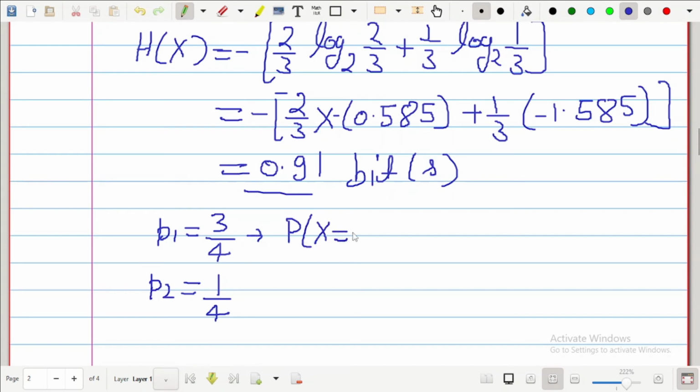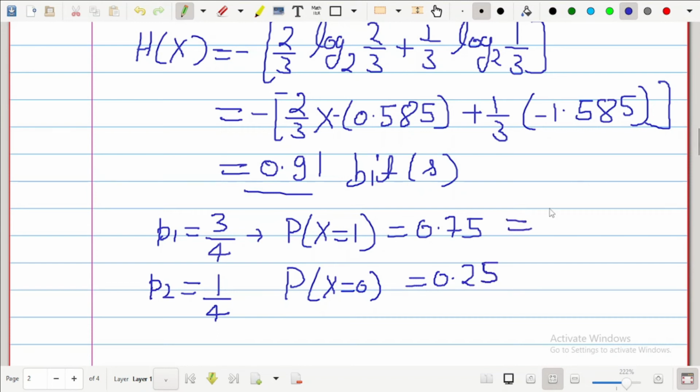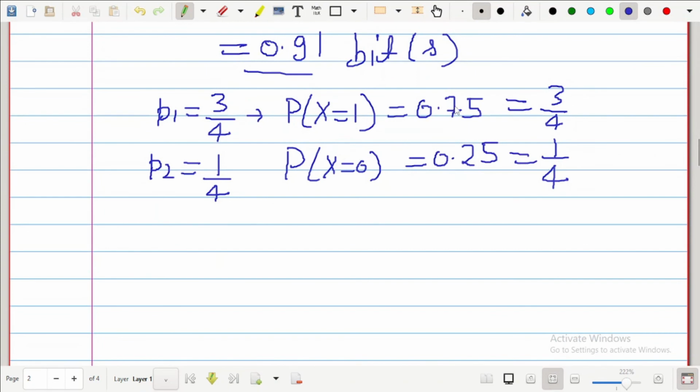That means P(X=1) is 3/4, which you can write as 0.75, and P(X=0) is 1/4, that is 0.25. So the probability of getting head is 75% and probability of getting tail is 25%.